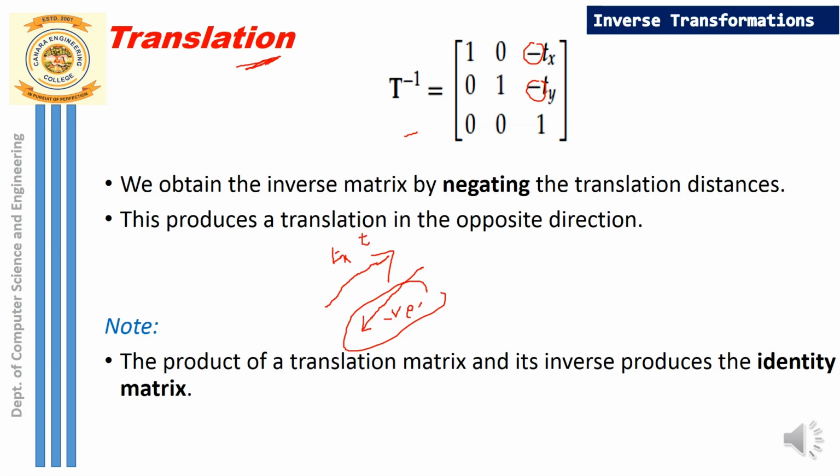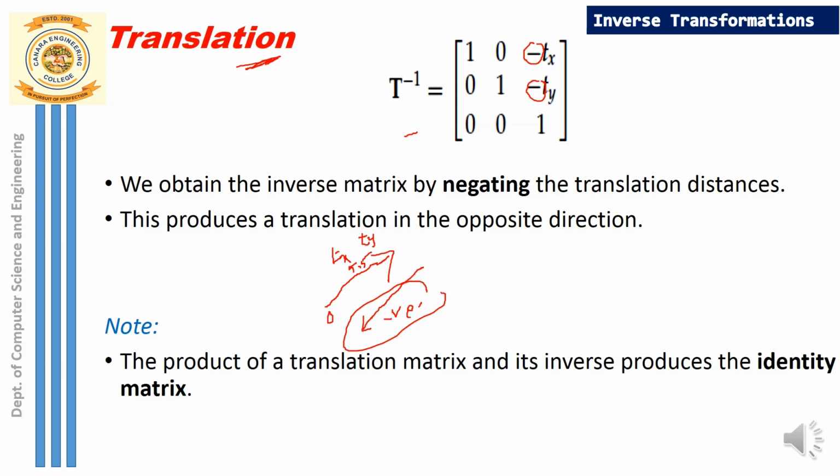You can just take a live example. Suppose from 0 you have to reach a position 5 along x-axis, again 5 along y-axis. 5 comma 5 is the displacement, 5 is tx and 5 is ty.